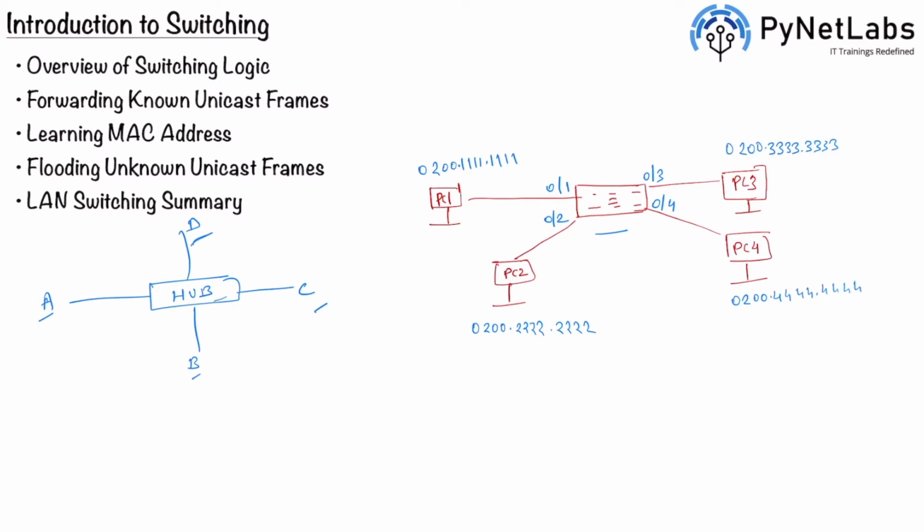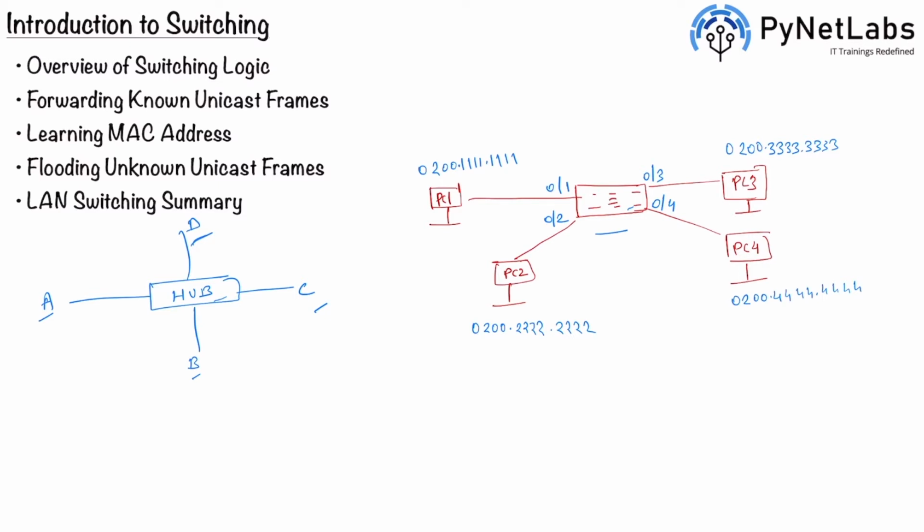Be it hub, be it switch, or be it some other device called a bridge, which was the original replacement of hub, switches came into play majorly when the game became more serious about building complex networks in the world together.